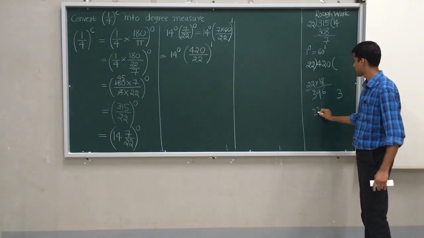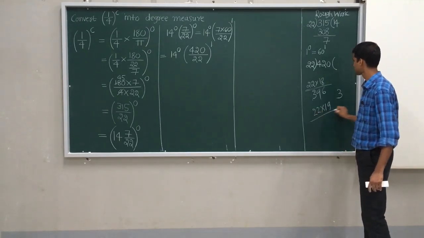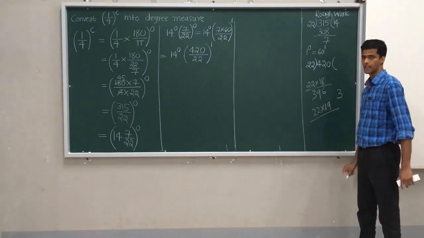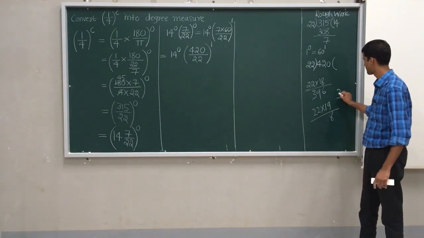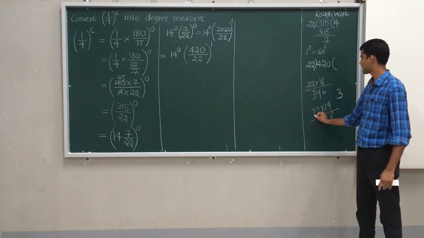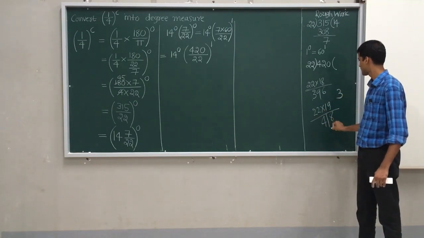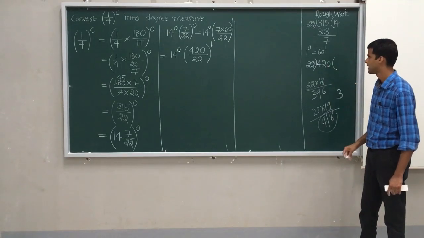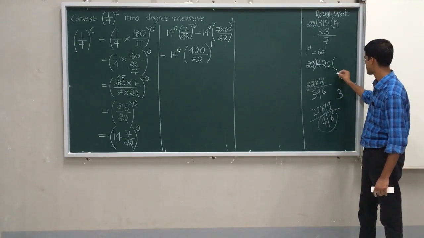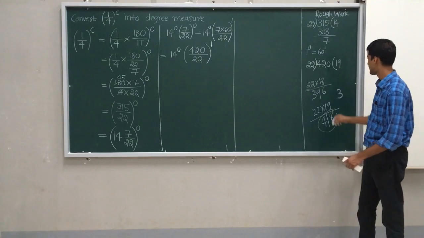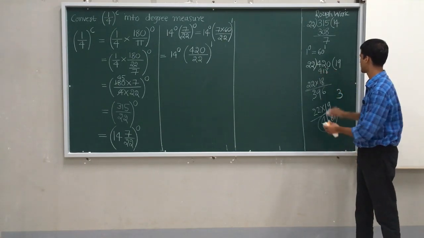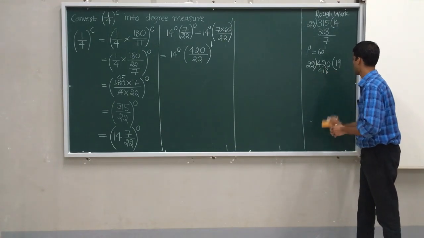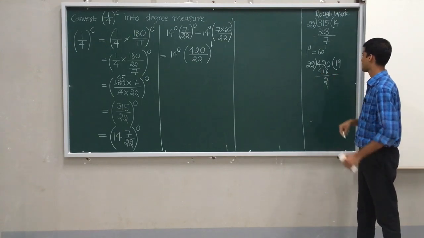Let me use 22 nineteens. 19 twos are 38 plus 3, 41. I guess it works with 418 because it is nearer to 420. So 22 nineteens are 418, and the remainder is 2.